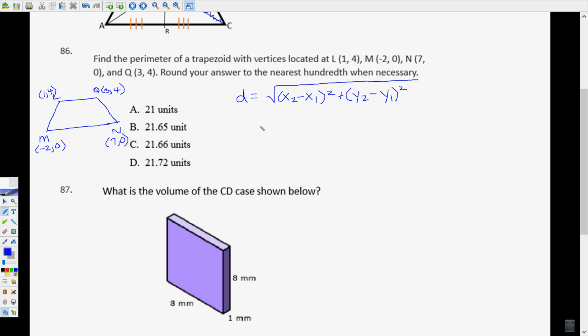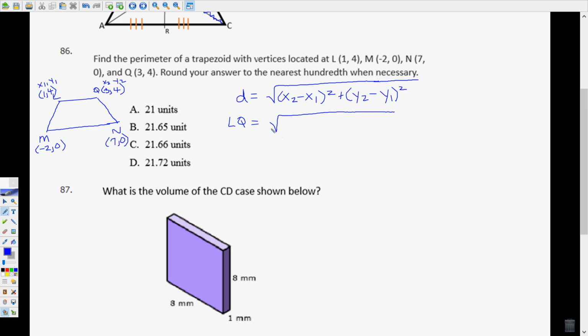So for example, if I start with LQ, to use this distance formula, I'm just going to do it a couple of times and then just give you what each one is equal to. I called this x1 and y1, the (1, 4), and I called the (3, 4), x2 and y2.